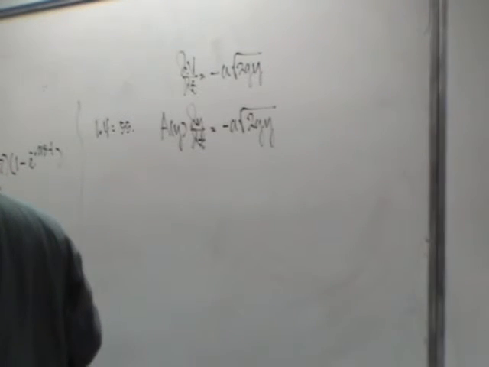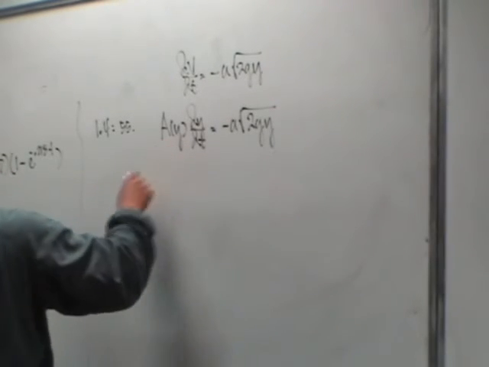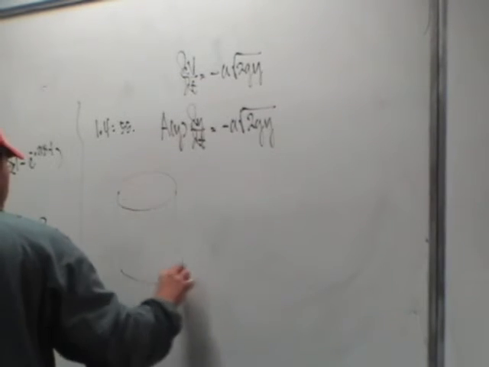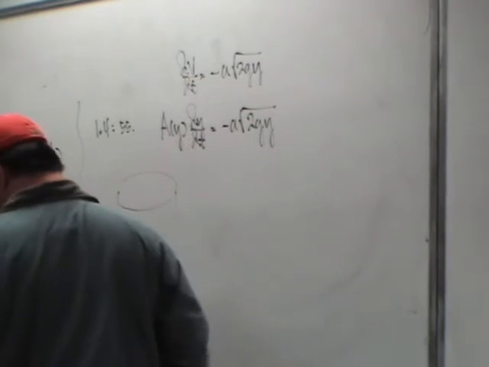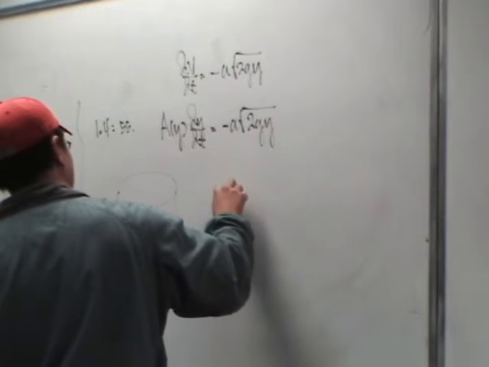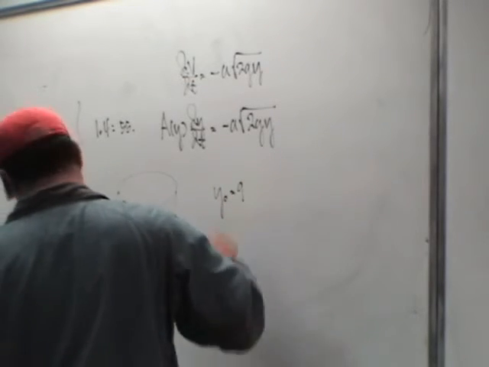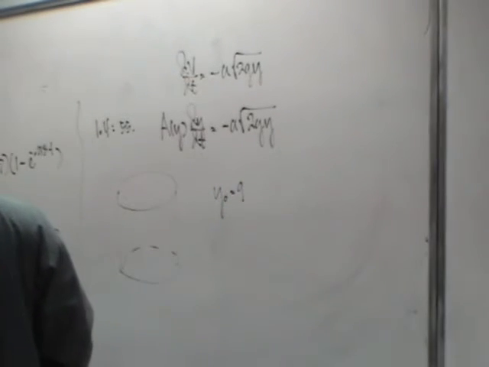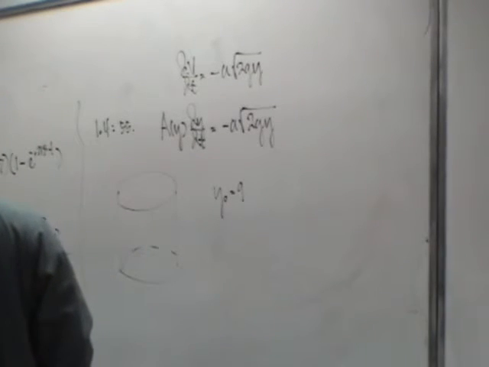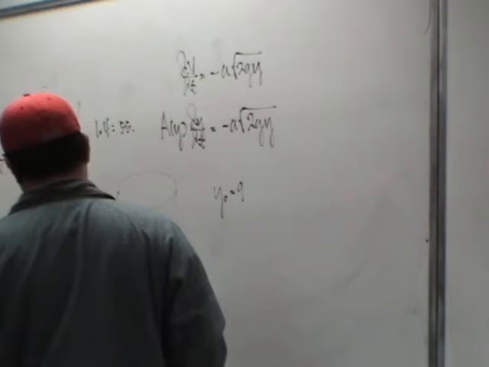Tank is shaped like a vertical cylinder. So here, area is constant. It initially contains water to the depth of 9 feet. So y naught is equal to 9 feet. And the bottom plug is removed at time 0. After time 1, depth of the water has dropped 4 feet.